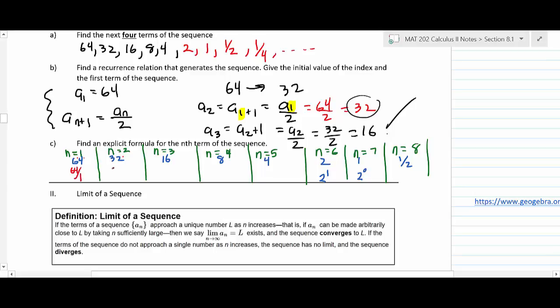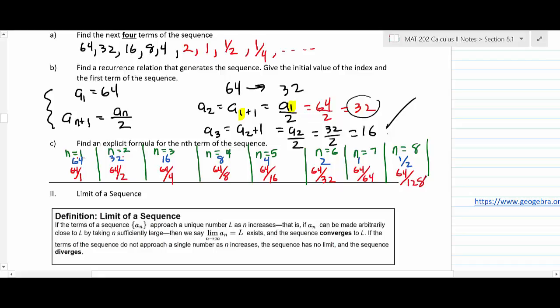So I have 64 over 1, then this one is going to be 64 over 2. This one's going to be 64 over 4. This is 64 over 8. That's 64 over 16. And so forth. Now I'm beginning to see a pattern. 64 over 32, 64 over 64, and then 64 over 128.